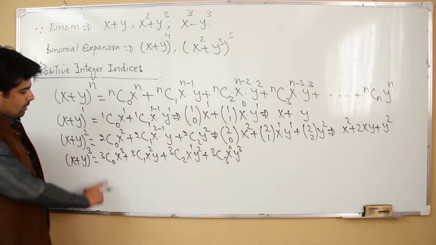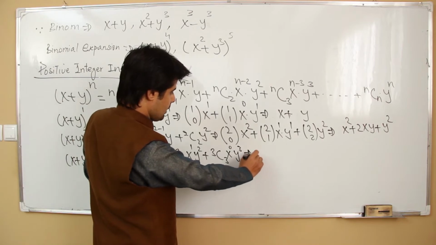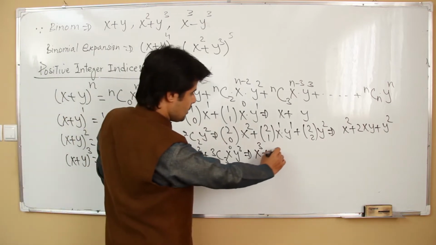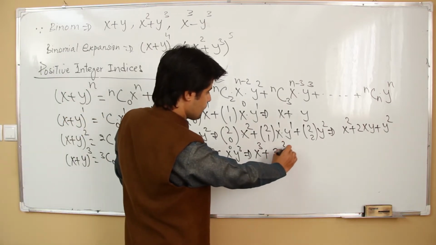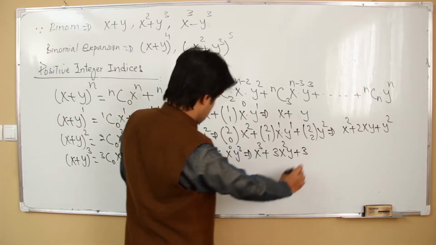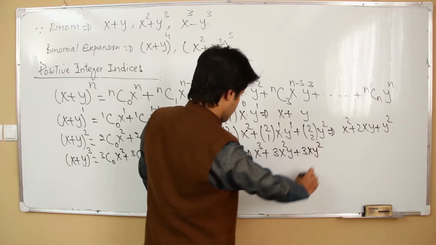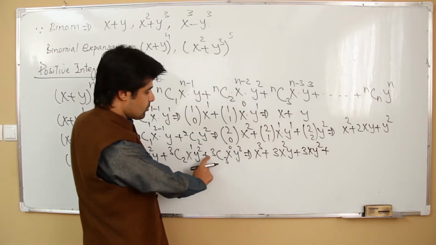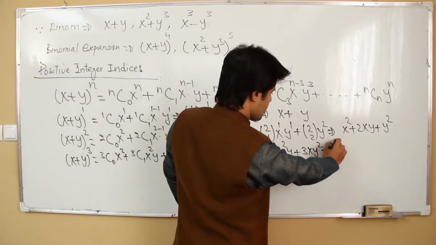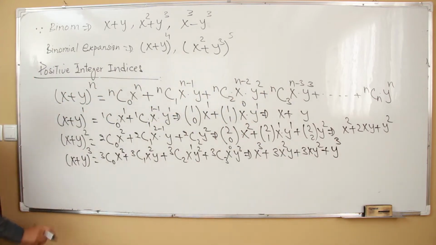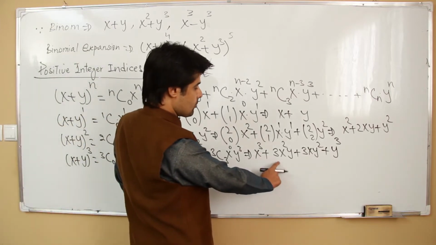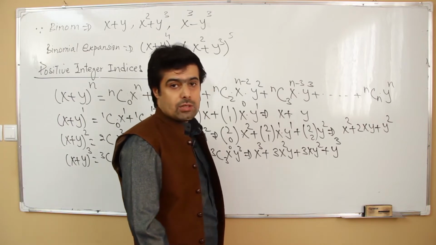Now simplify this. 3C0 is 1, so 1 x cubed, plus 3C1, it's 3, 3x square y, plus 3C2, it's 3, xy square, plus 3C3, it's 1, 1 times y to the power 3, it's y to the power 3. Now you will have the expansion of (x + y) raised to the power 3: x cubed plus 3x square y plus 3xy square plus y cubed.